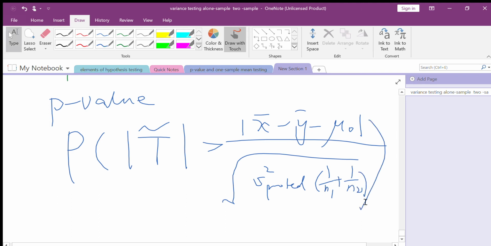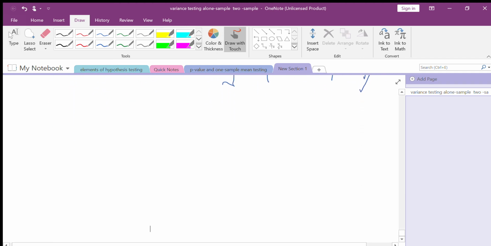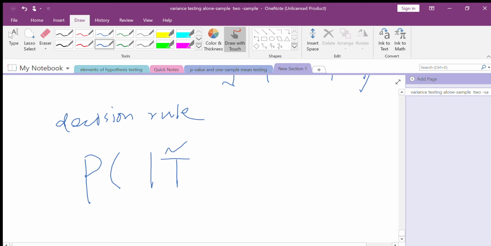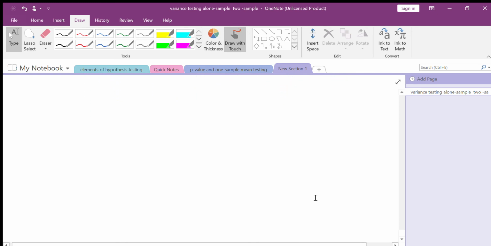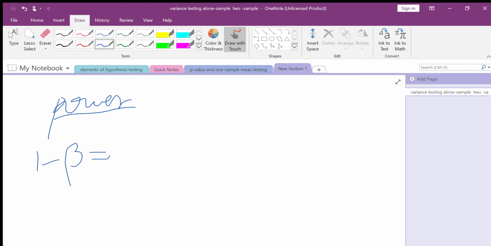This probability is the p-value. For the decision rule, the constant c can be found in the same way. And for power, one minus beta equals, so we need to specify mu1 minus mu2 equals mu star, not equal to mu0.